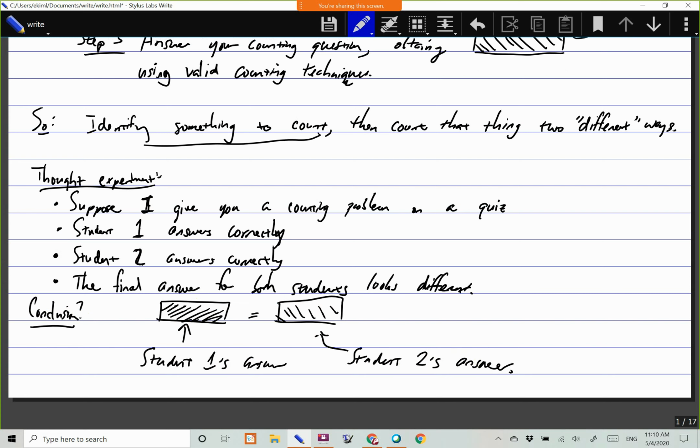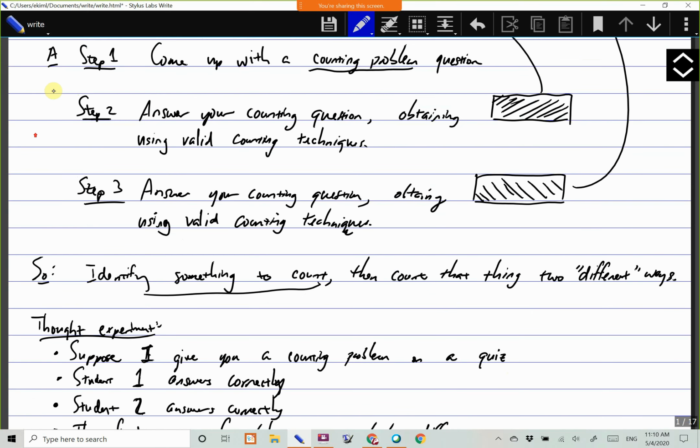We get what's happening here is the big idea, if we step back, is there's a counting question that we think of and then answer the same question with two independent minds. Like, think about it one way and come up with an answer that's valid, and then think about it again. Think about that same original question again. And so in principle, up here, step 2 and step 3, you can swap the order, right? Because you're thinking about the question, and then you're thinking about the question again and answering it again.